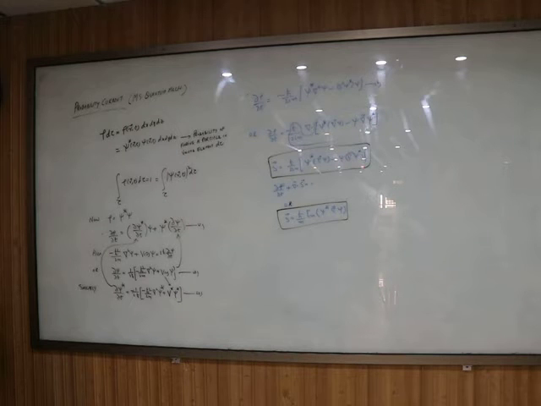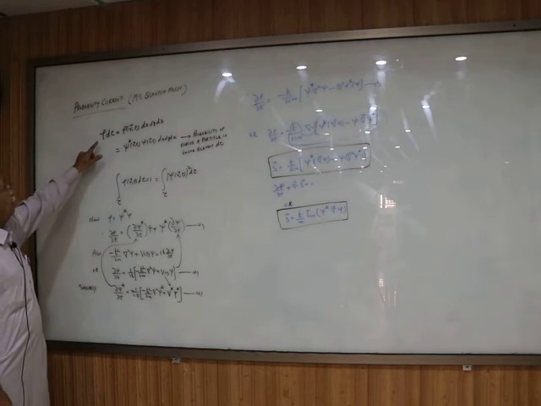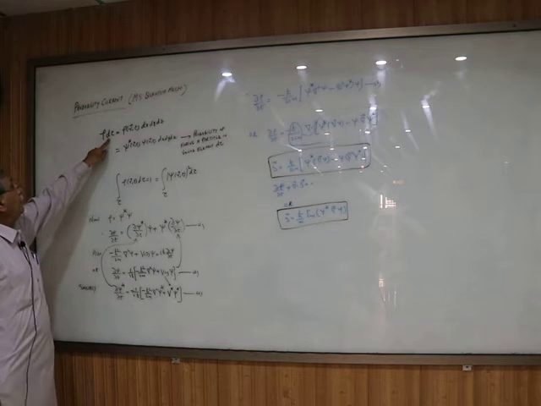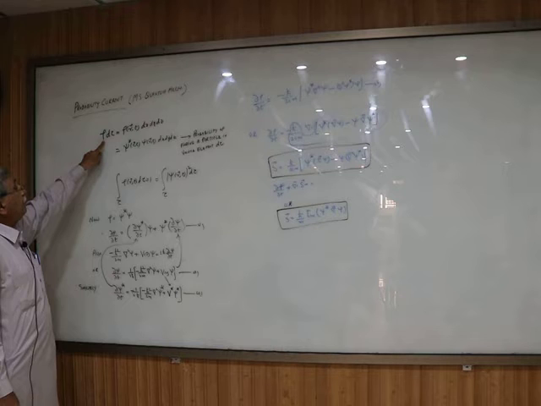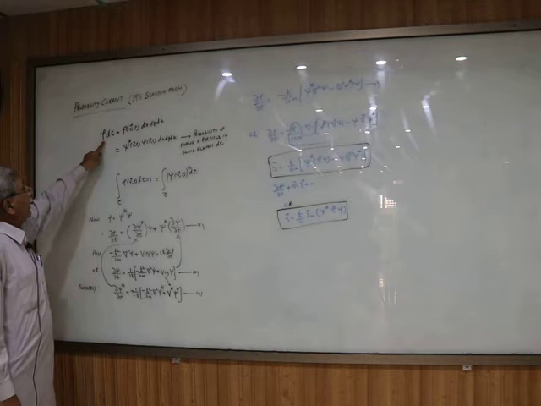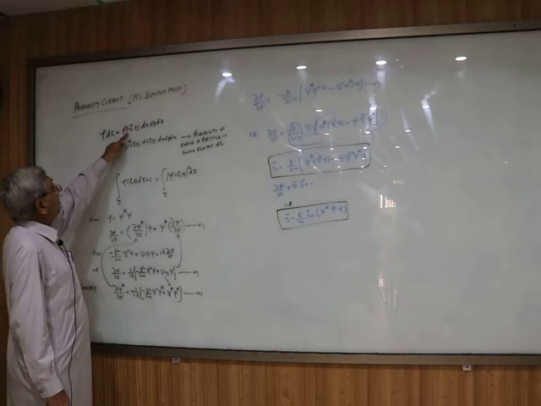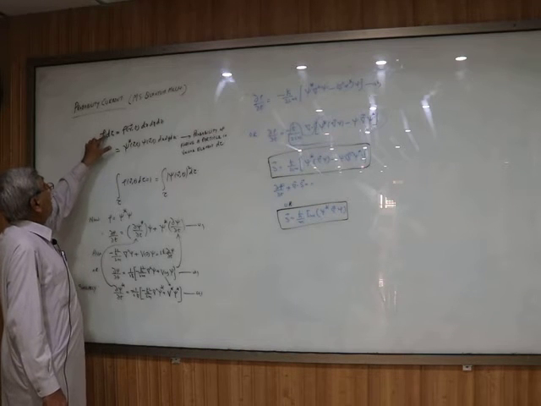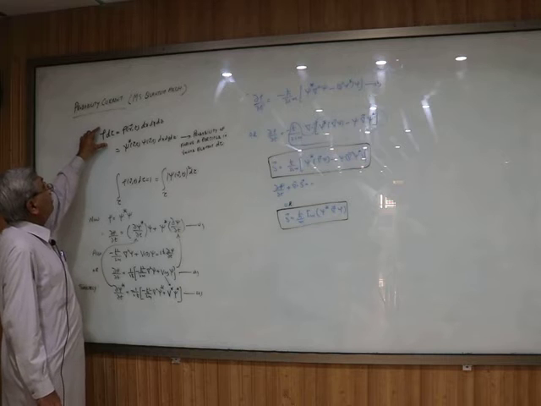Now what I have written here, rho d tau is small volume element and rho is the probability density. Probability density means probability of finding a particle in a unit volume.